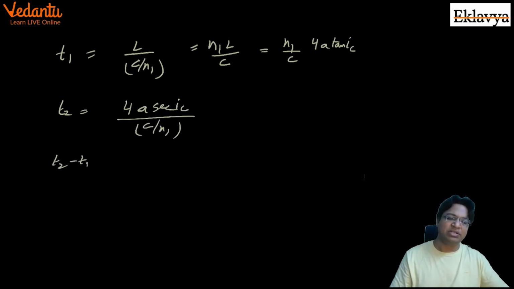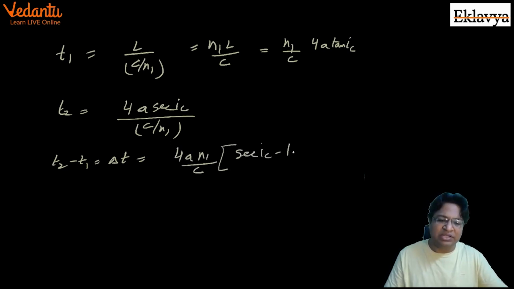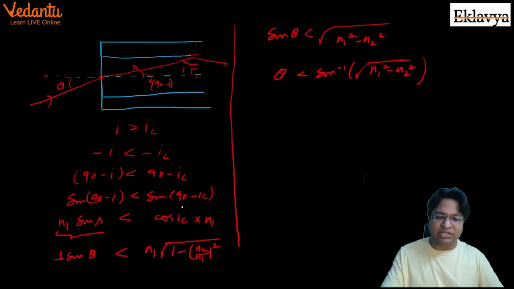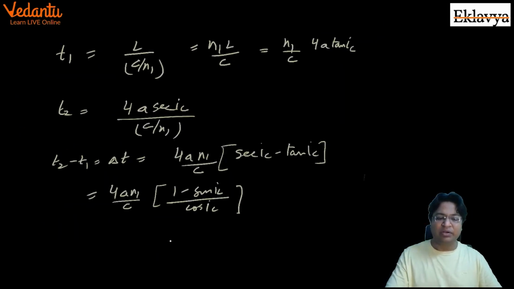So T2 minus T1 is the delta T, and this would be written as 4a n1 by c, and then sec ic minus tan ic. So this will become 4a n1 by c, and then 1 minus sine ic by cos ic. Also we have to give the answer in terms of L. If you check the option, L has been used here, so I need to get rid of a.